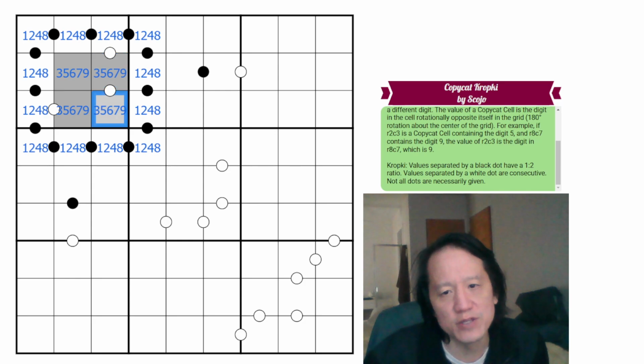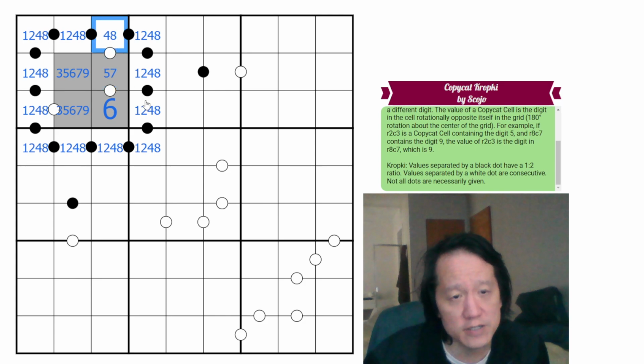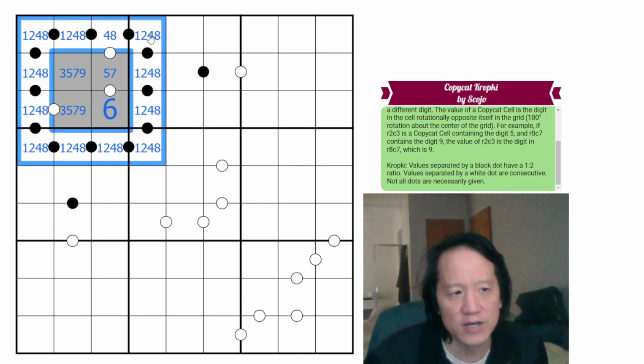This would have to be the 6, and it has to be next to 5 or 7, which would be next to 4 or 8. So this can no longer be 6. This is consecutive with 1, 2, 4, 8 in value, because this has to be 1, 2, 4, 8 in value. We know that for certain.